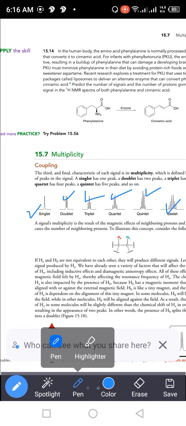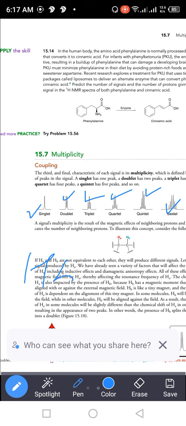We have one proton as a neighbor for HB. So for the chemical shift of HB, how many neighbors? The n plus 1 rule says the number of neighbors is 1, so 1 plus 1 is 2. Mathematically, this is the splitting of the signal into 2. In actual practice, the HB proton has a neighbor HA, which is aligned with the magnetic field.